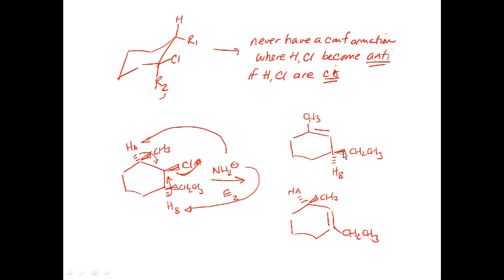And so this is how people proved that the anti-periplanar geometry was necessary for E2. They had a series of different molecules undergo reaction, and every time they saw that the beta hydrogen had to be trans to the leaving group.